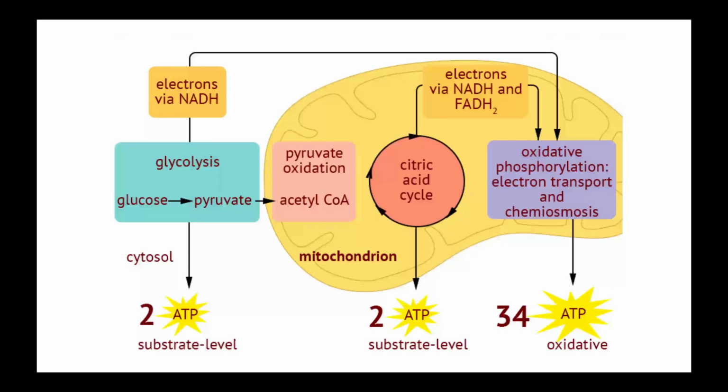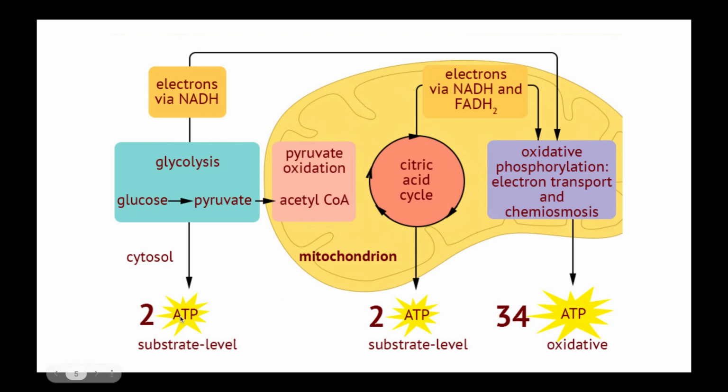Both plant and animal cells have mitochondria, so both can use cellular respiration to turn glucose into ATP. Cellular respiration is split into 4 parts: glycolysis, pyruvate oxidation, the citric acid cycle, otherwise known as the Krebs cycle, and finally the electron transport chain and ATP synthase.